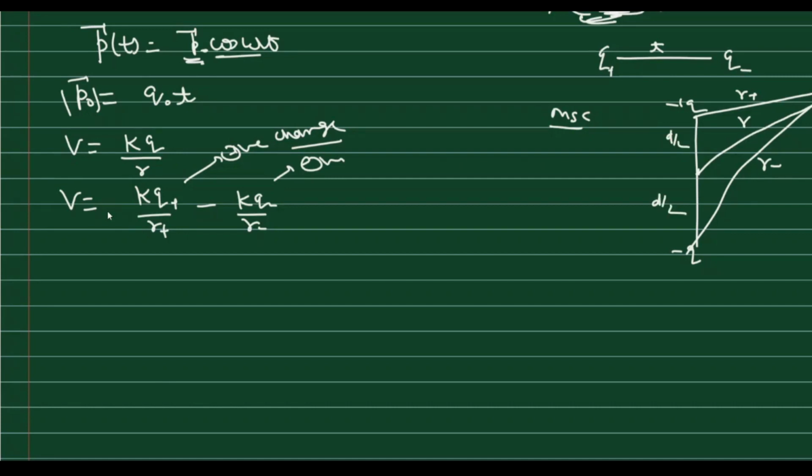So now we are saying q plus is of the form q cos omega t. We pause for some time, so we are putting the values here.